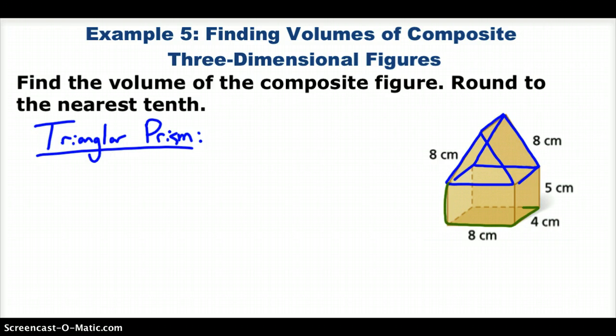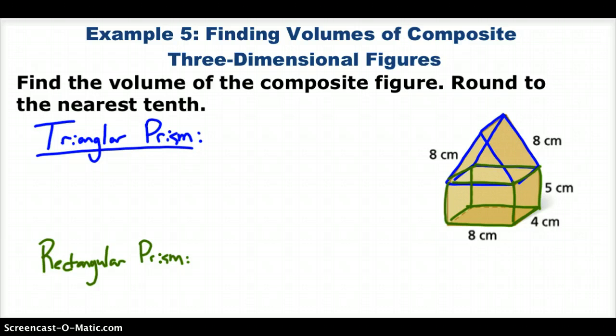Here's our rectangular prism. So I'll write down rectangular prism. Now if this is a closed figure and we could actually fill it up with something, if we just add the volume of the triangular prism plus the volume of the rectangular prism, that would give us the volume of the entire thing.